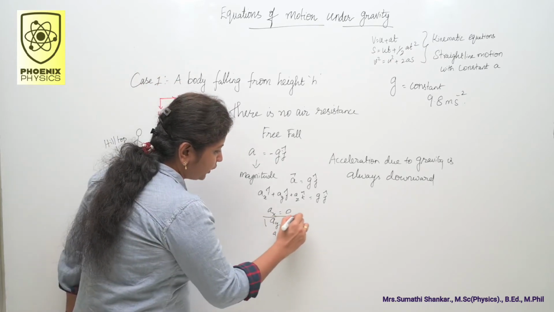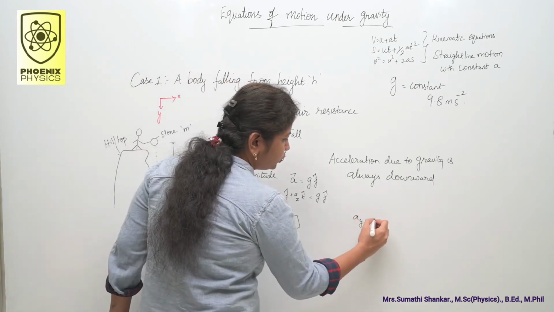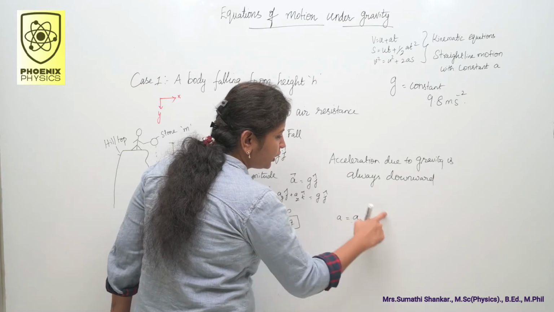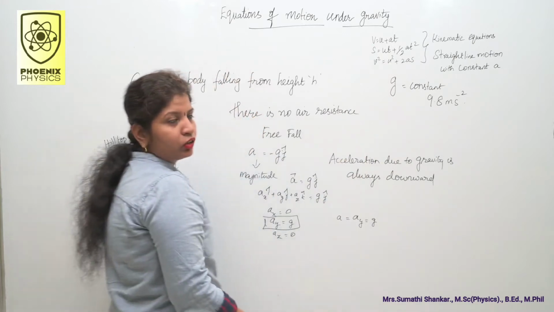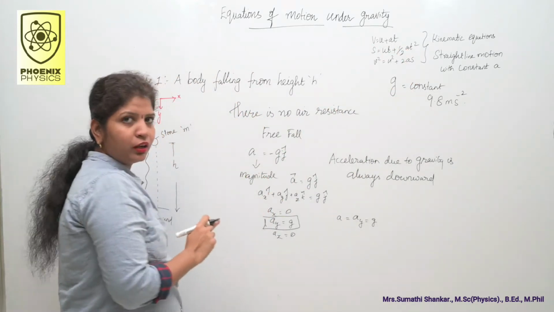So you take this component alone. Ay is equal to g, or you can write a. So instead of a, I am going to substitute g in these equations. These equations are called kinematic equations. Up to this clear?